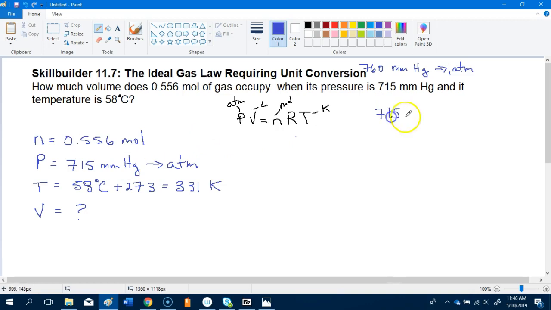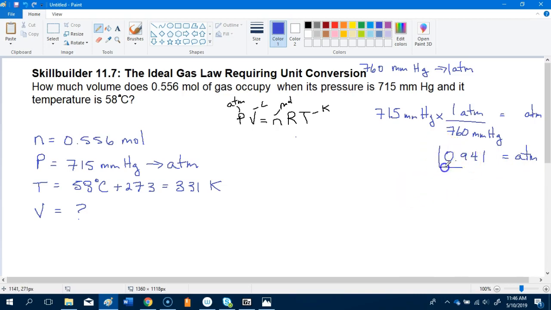So I have 715 millimeters of Hg. I want to change that into atmospheres, so I need to multiply. 1 atmosphere is 760 millimeters of Hg. So my number of atmospheres is going to be 715 divided by 760, so 0.941 atmospheres.